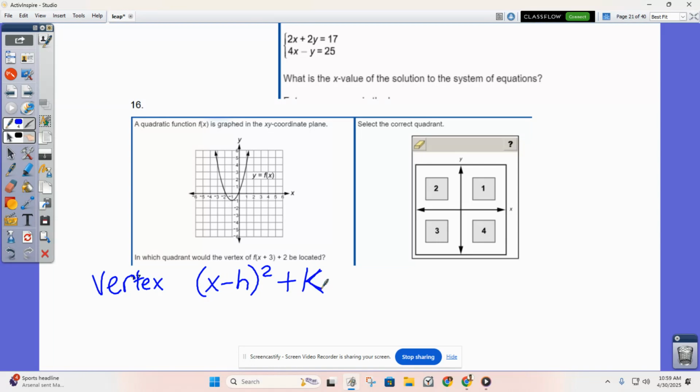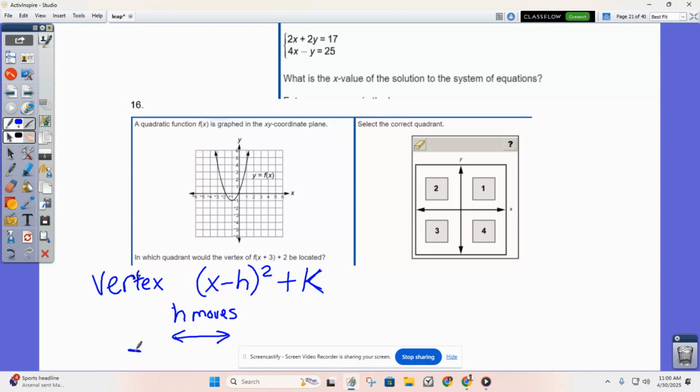Remember what the h did. H moves it side to side. Since what's inside these parentheses has a minus sign, it's the opposite direction of that sign.